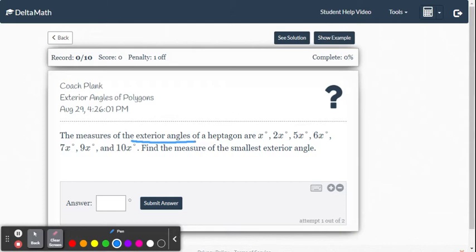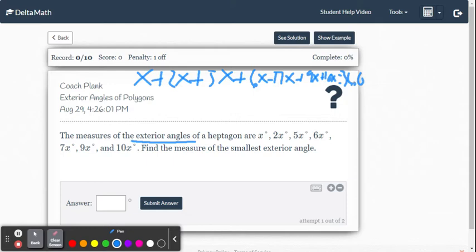So we're going to simply go x plus 2x plus 5x plus 6x plus 7x plus 9x plus 10x equals 360 degrees. Now let's just be careful combining like terms.